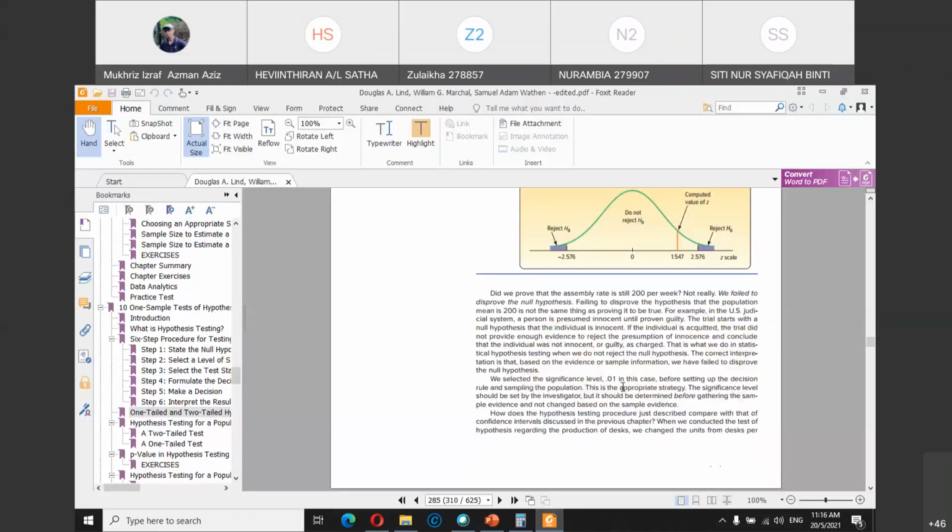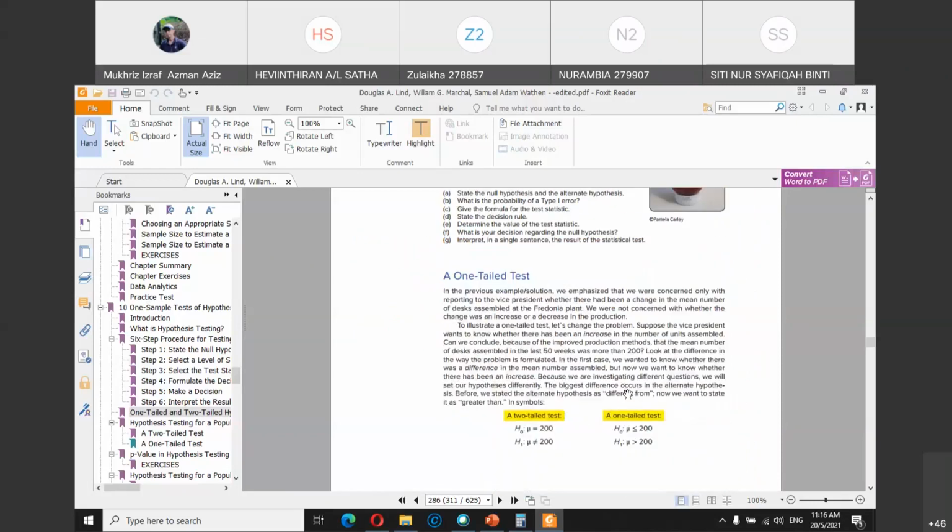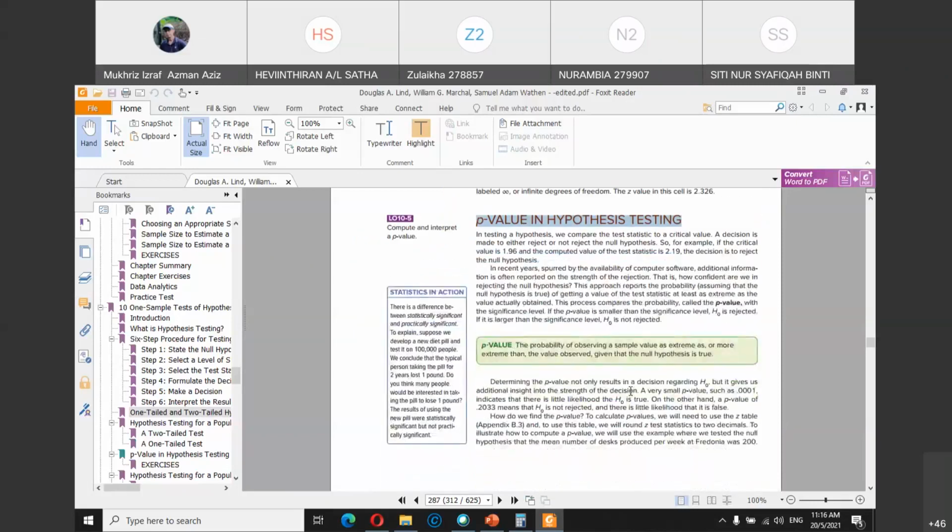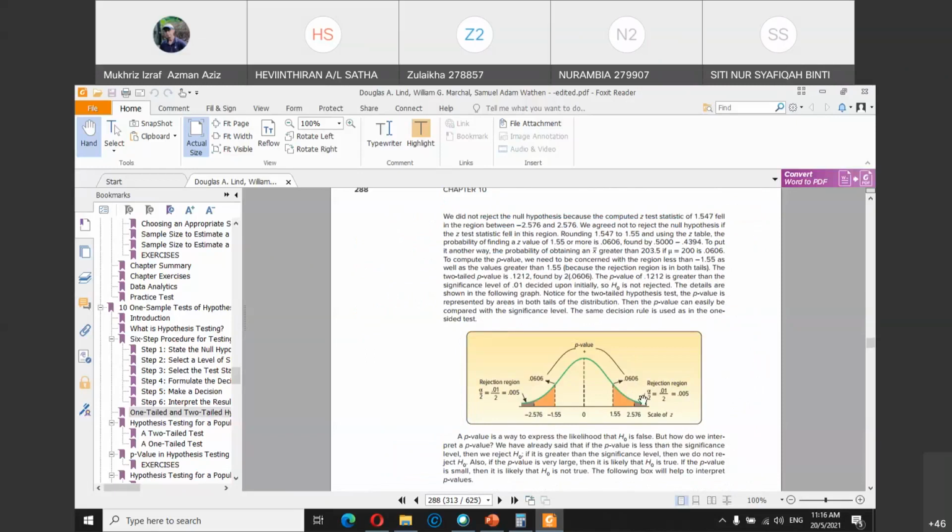If you look at this simple example here, the way you determine the p-value is basically using the calculated Z that you determined just now. The calculated Z is 1.55, correct?